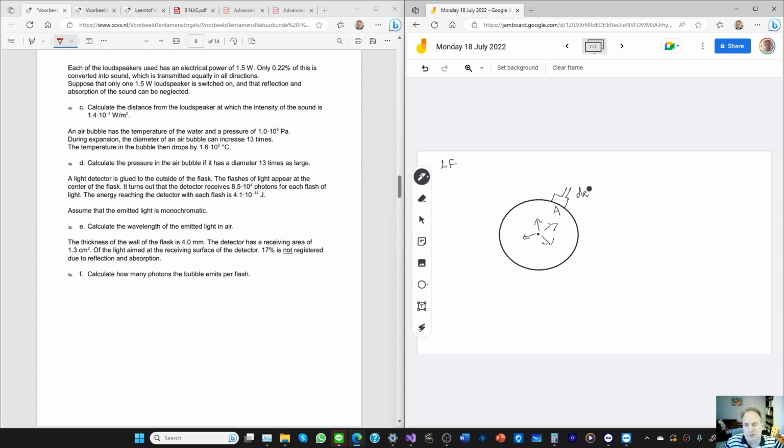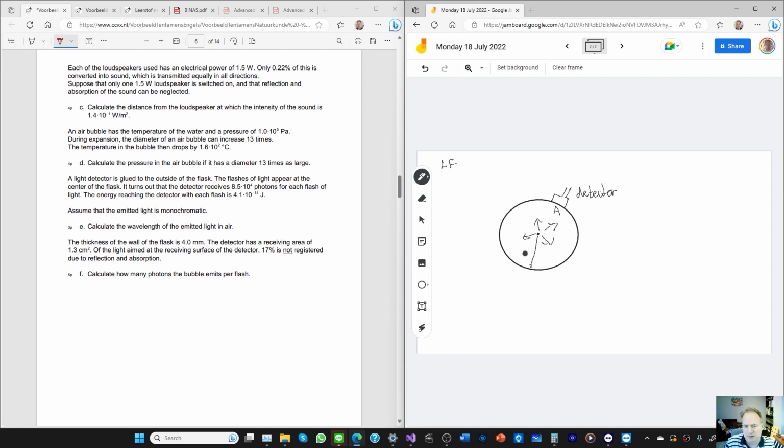So now this is two-dimensional, but in 3 dimensions, what you actually will receive by surface area here is the ratio of the surface area of the detector and the total surface area of the sphere of a certain radius.